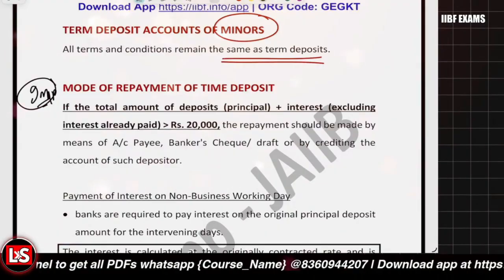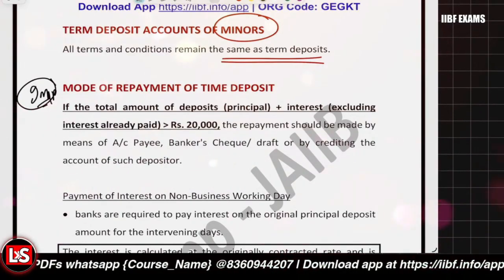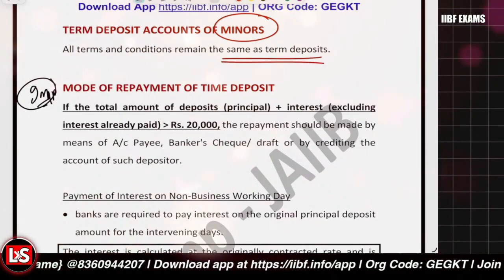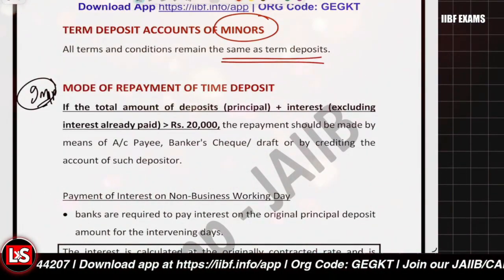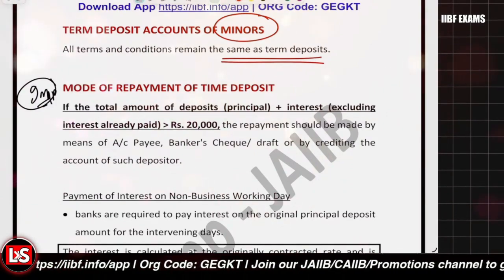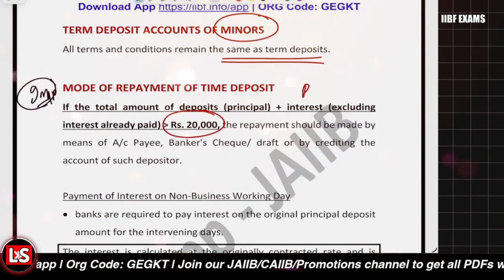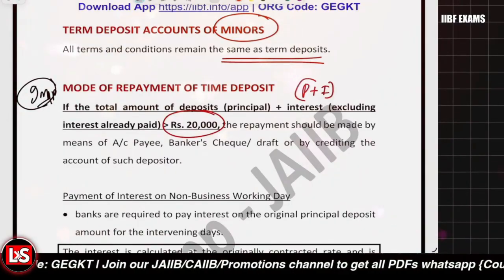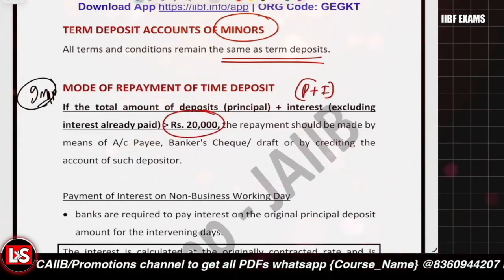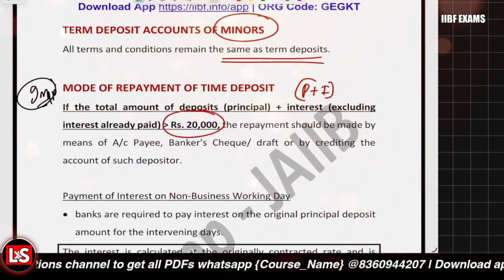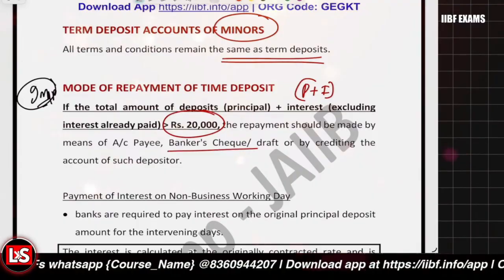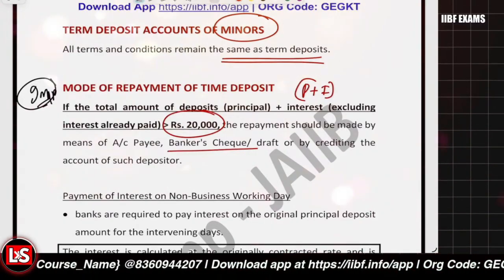In general, we do not do cash payment for a time deposit, but from the exam point of view, if the total amount, that is principal and interest earned, is greater than 20,000, then an account payee payment must be made.